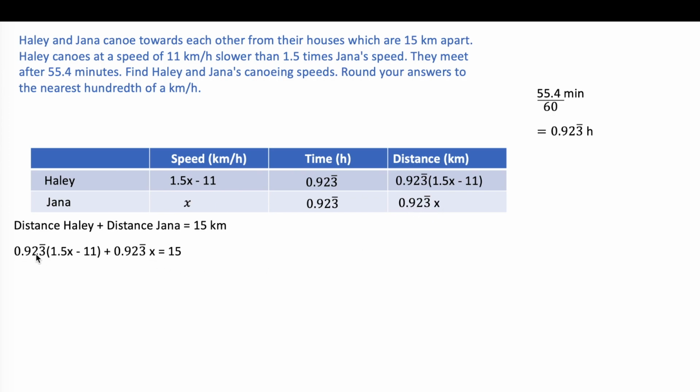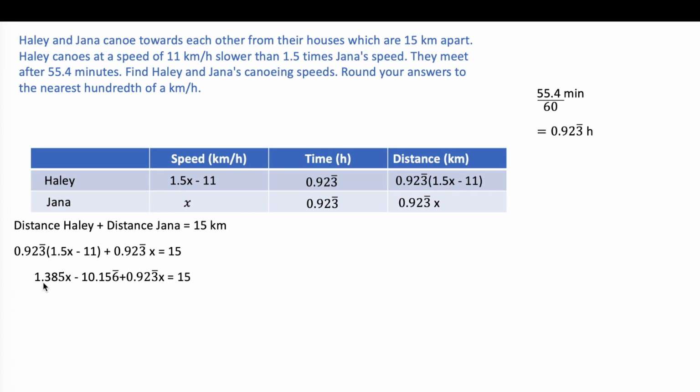The 0.923 repeating is going to distribute, multiply the 1.5x, and distribute and multiply the negative 11. 1.5 times the 0.923 repeating gives us 1.385x, and the 0.923 repeating multiplies the negative 11, giving us negative 10.156 repeating.